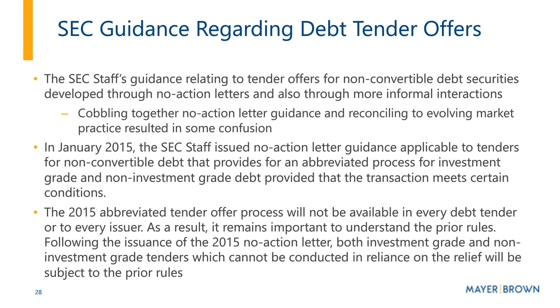The 2015 abbreviated tender offer process will not be available in every debt tender or to every issuer, and as a result, it remains important to understand the prior rules and the prior SEC no-action guidance. Following the issuance of the 2015 no-action letter, both investment-grade and non-investment-grade tenders, which cannot be conducted in reliance on the relief, will be subject to the prior rules.